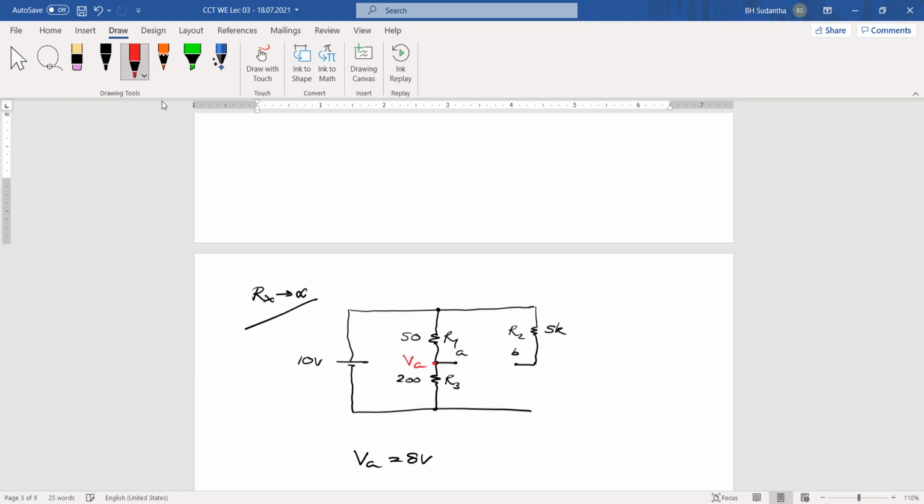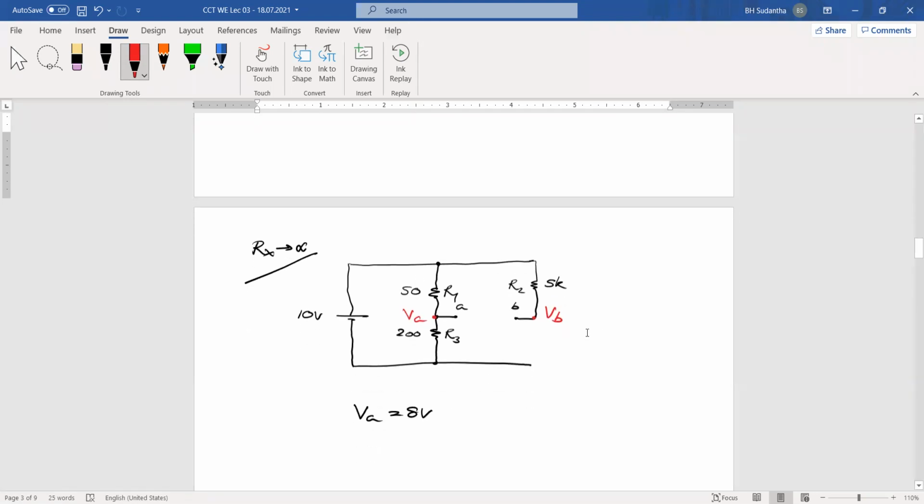You know that the current going through this branch is 0. If there is no current going through this resistor, the meaning is there is no voltage difference between this end and the other end.